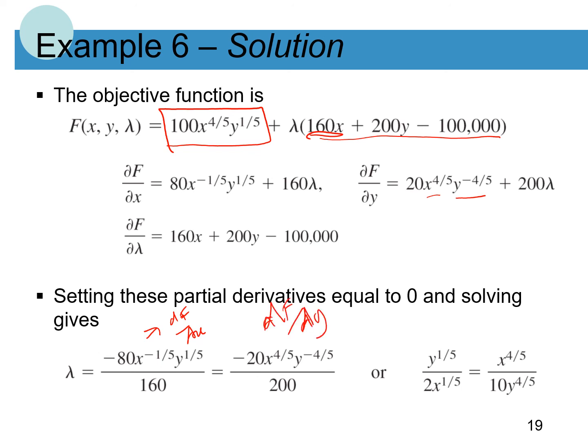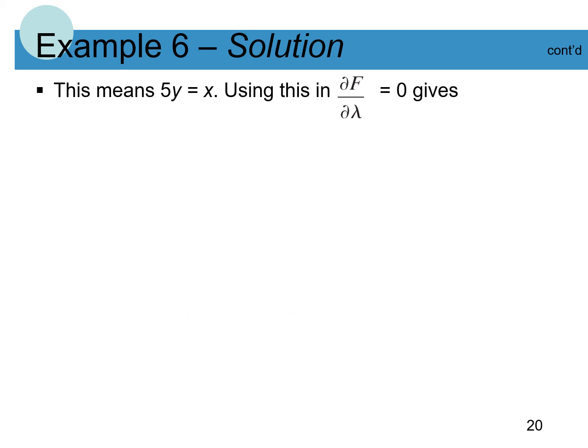Equating them, y to the power 1/5 divided by 2x to the power 1/5 is equal to x to the power 4/5 divided by 10y to the power 4/5. So this means that 5y is equal to x.